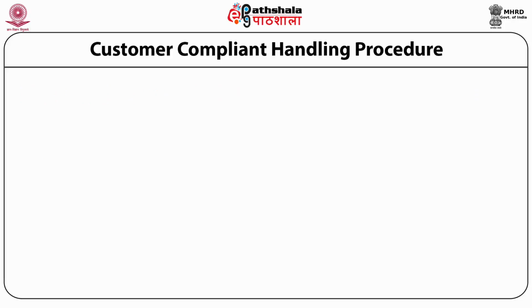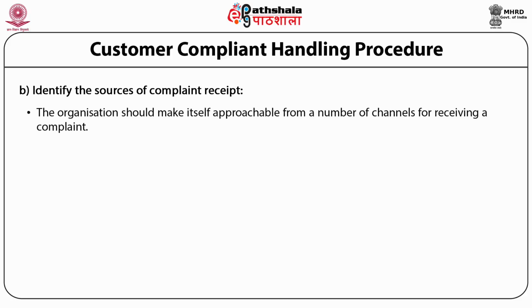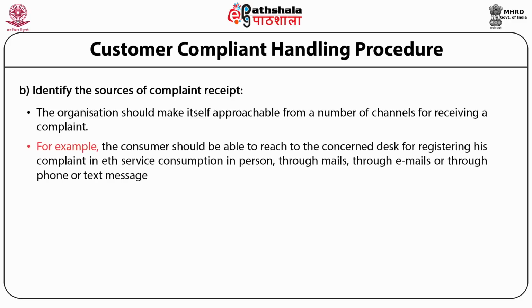The next step is to identify the sources of complaint receipt. The organization should make itself approachable from a number of channels for receiving a complaint. For example, the consumer should be able to reach the concerned desk for registering his complaint in the service consumption, either in person, through mails, through emails, or through phone or text messages.